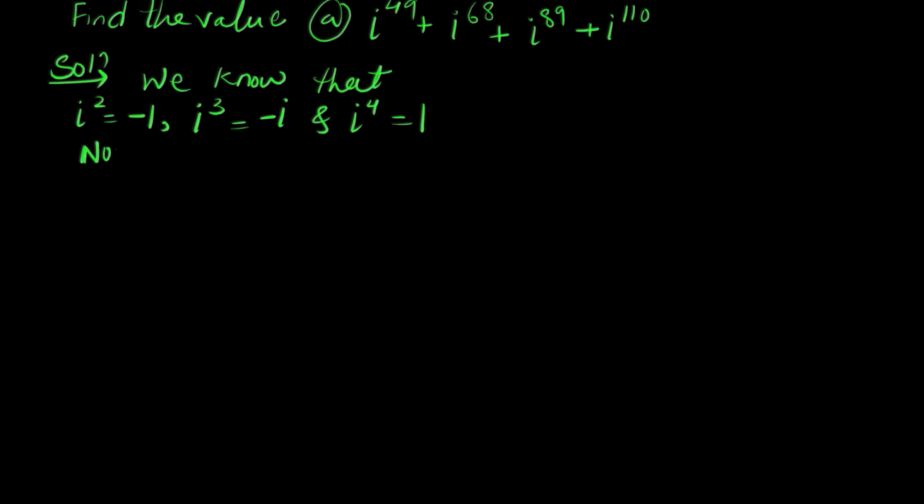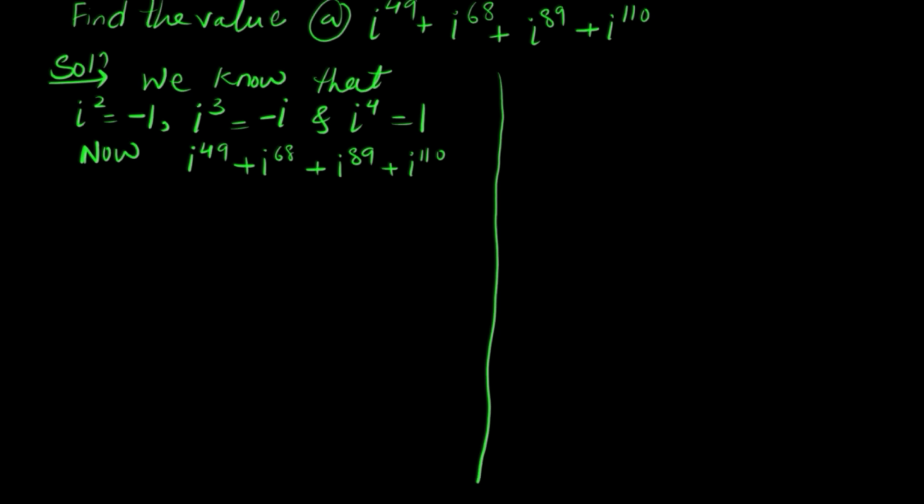Now for i raised to 49, we divide the power by 4. 49 is a multiple of 4, 4 sixes are 24, and plus 1. So we write 4 into 12 plus 1.